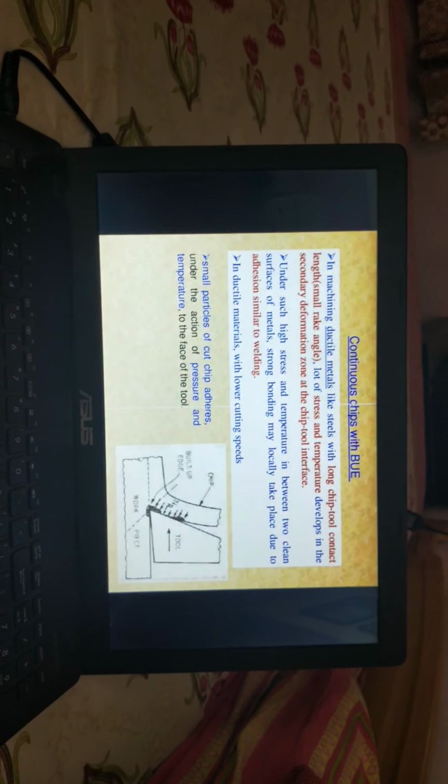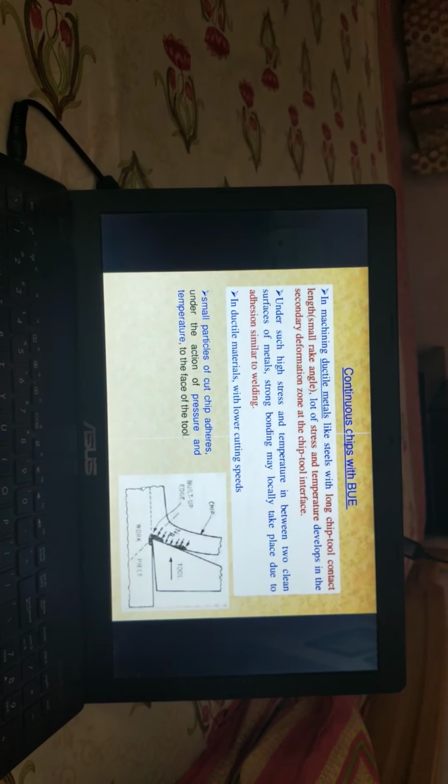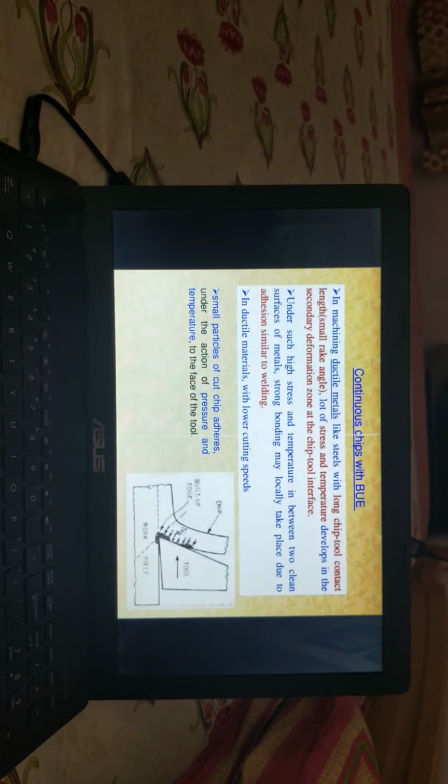In machining of ductile materials like steels, with long chip-tool contact and small rake angle, high stress and temperature develop in the secondary deformation zone and chip-tool interface. Under such high stress and temperature between two clean surfaces of metals, strong bonding may locally take place due to adhesion, similar to welding. With ductile materials at lower cutting speeds, small particles of cut chip adhere under the action of pressure and temperature.